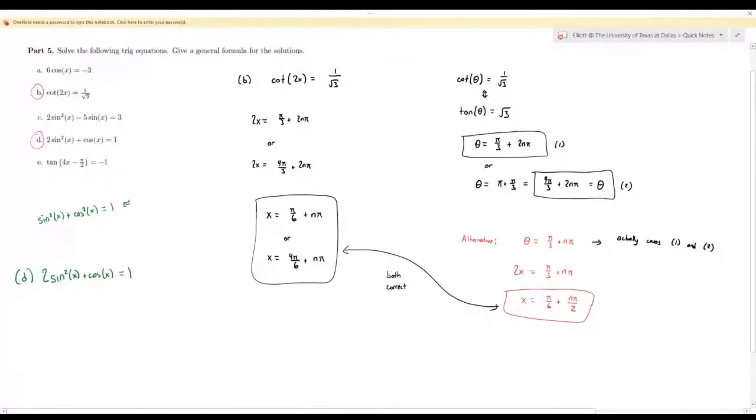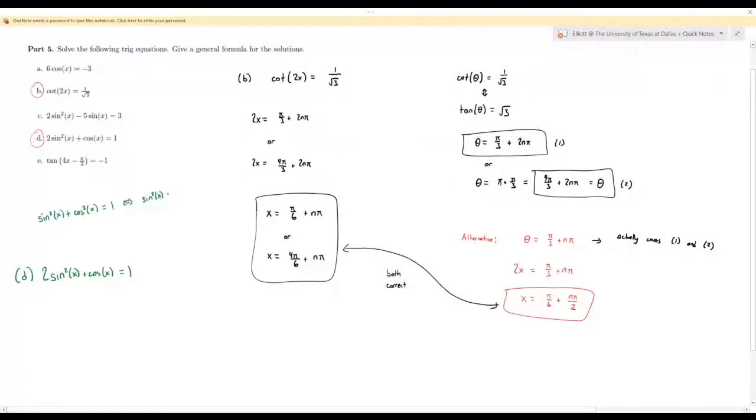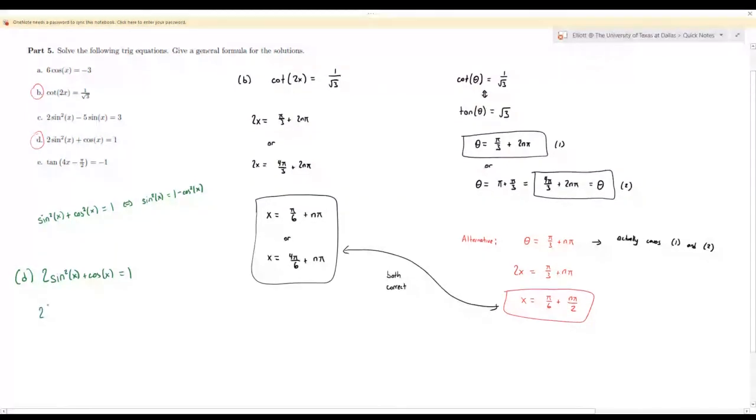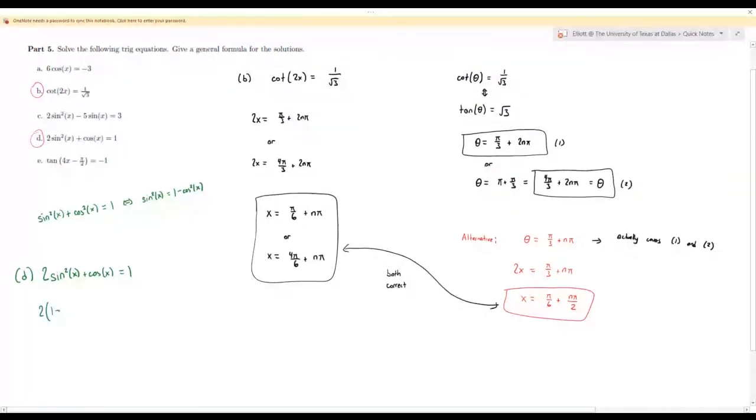Or equivalently, we can say that sine squared of x is 1 minus cosine squared of x. And I'm going to use this identity in particular to replace the sine squared in the equation. I'm going to replace it with 1 minus cosine squared.